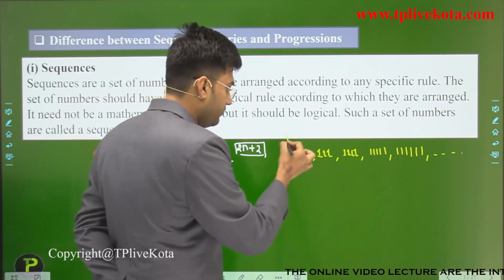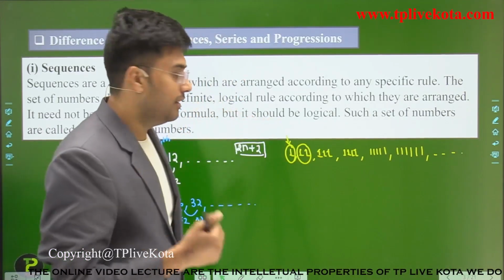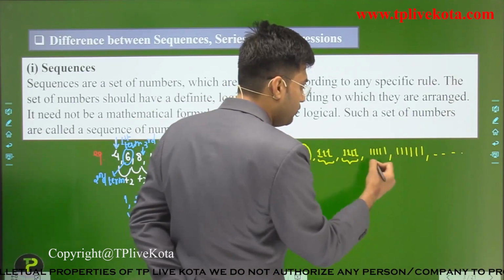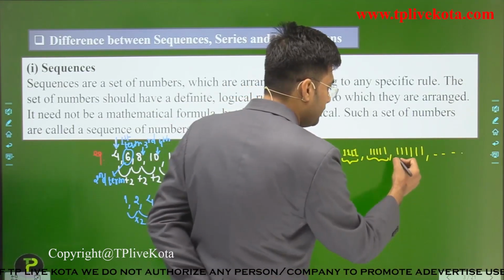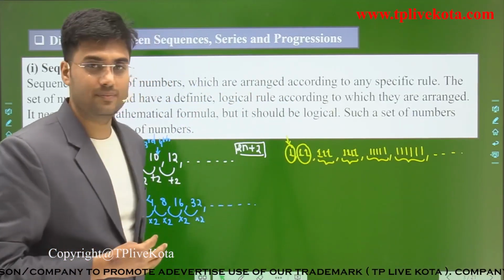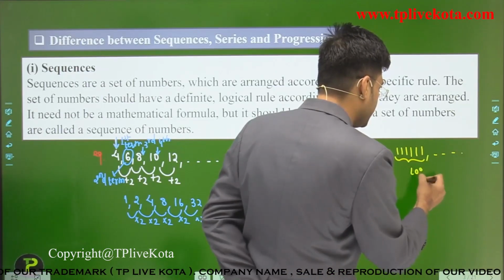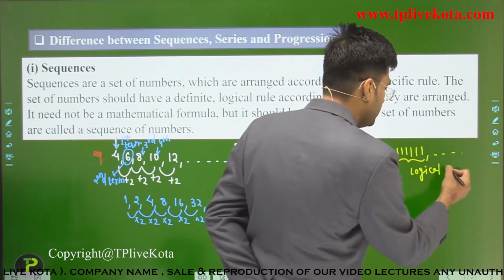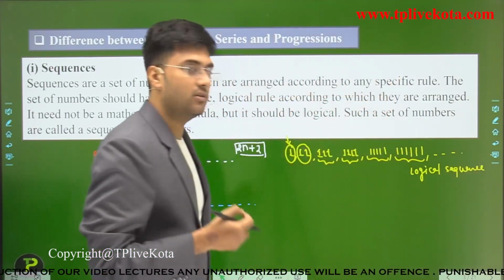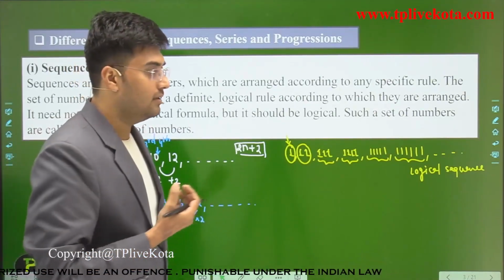In the first term we have only one 1, in the second term two 1s, in the third term three 1s, in the fourth term four 1s, in the fifth term five 1s, and in the sixth term six 1s. So this is a logical sequence. We do not have any mathematical formula to find the terms of this sequence.